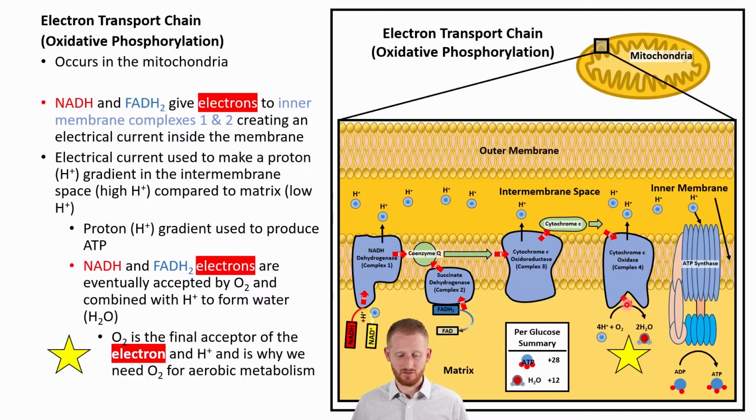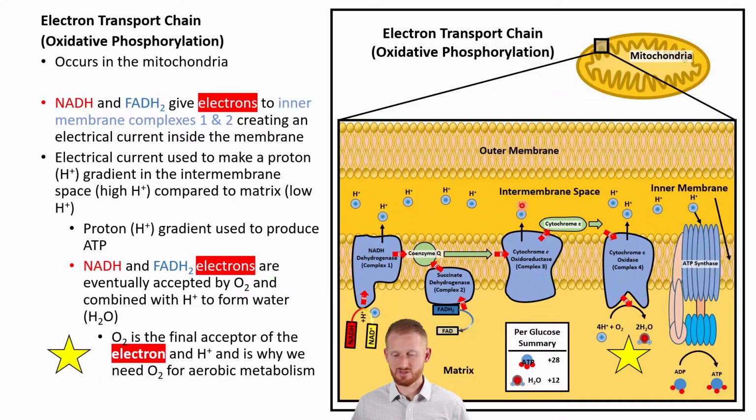So the final electron acceptor here is going to be the oxygen. That's why I have this star here. It's a super important step. This is where oxygen finally becomes part of aerobic metabolism. So the oxygen becomes the final electron acceptor and the final hydrogen ion acceptor, creating water in the process.